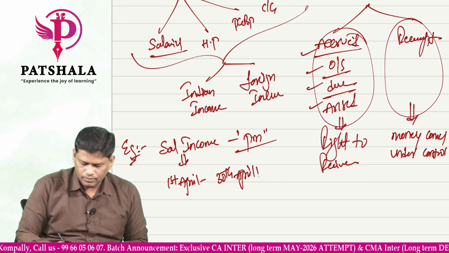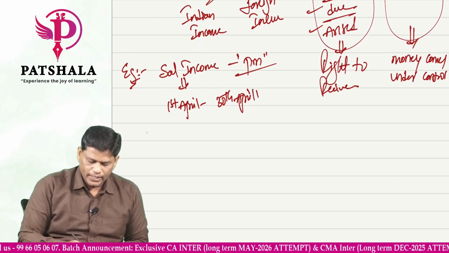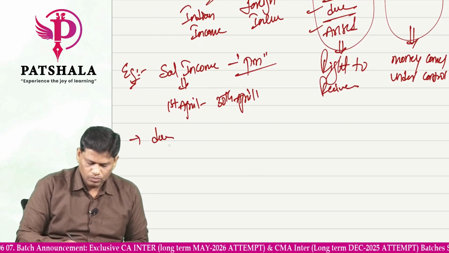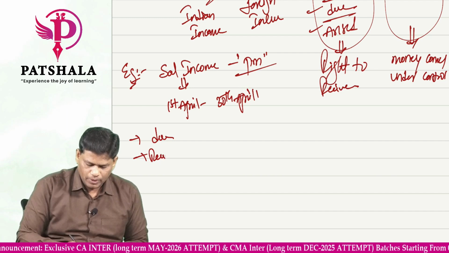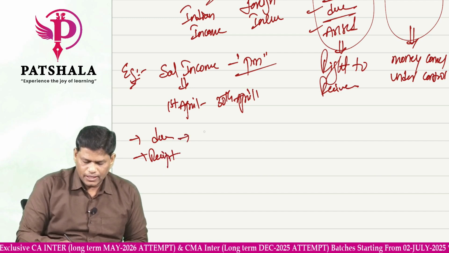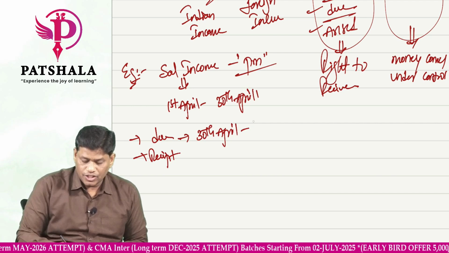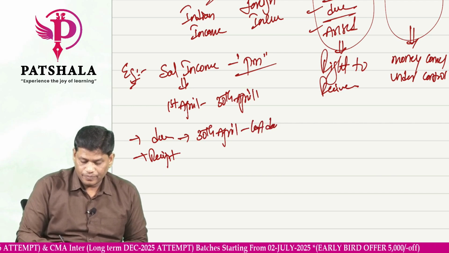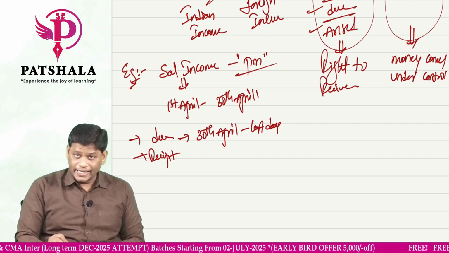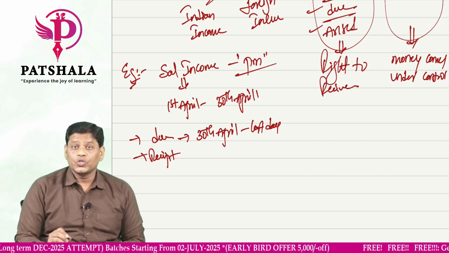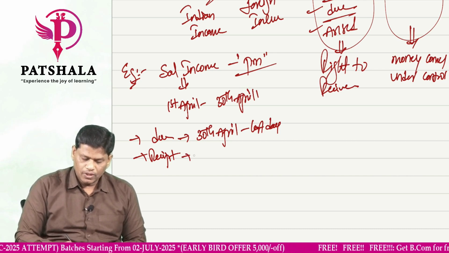Now tell me when the income is said to be due and when it is said to be received. The income is said to be due on 30th April, which is the last day. And as per law, the date when you should receive it is also 30th April.